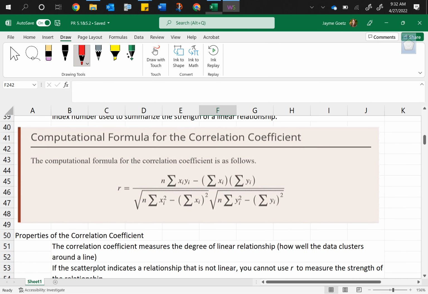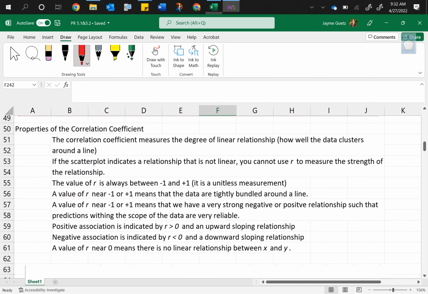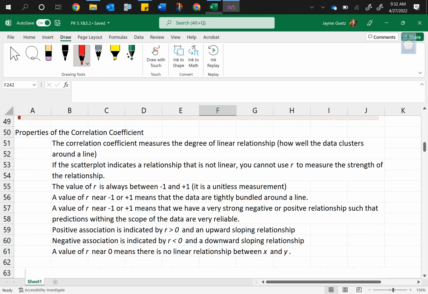Before we talk about how to find it, because I am not going to make you use this formula, I am not a monster, let's talk about some properties of the correlation coefficient. Now, the correlation coefficient, again, we recognize it with the lowercase variable r, measures the degree of linear relationship, how well the data clusters around a line.